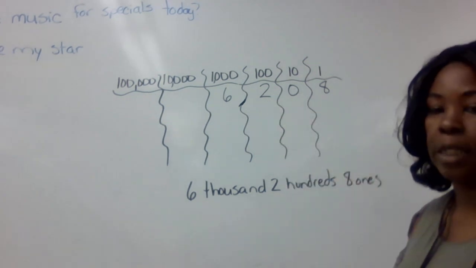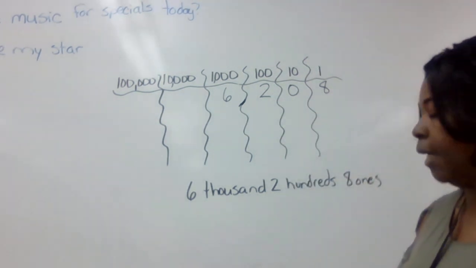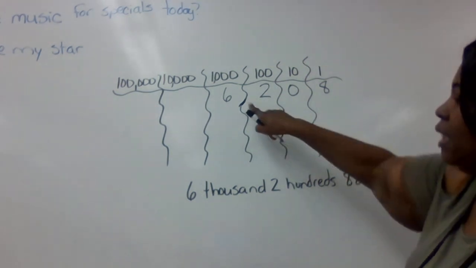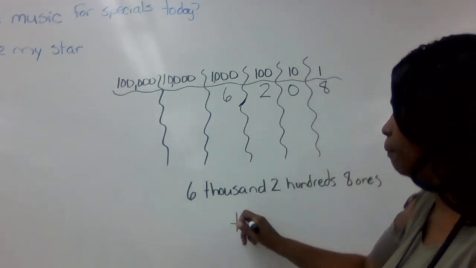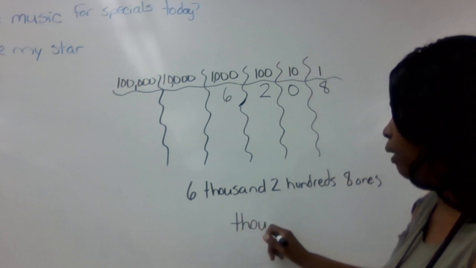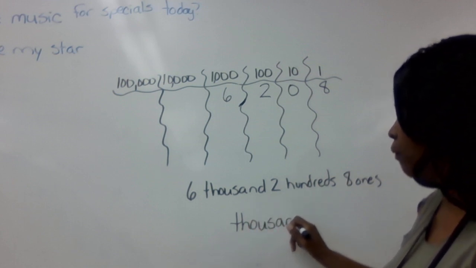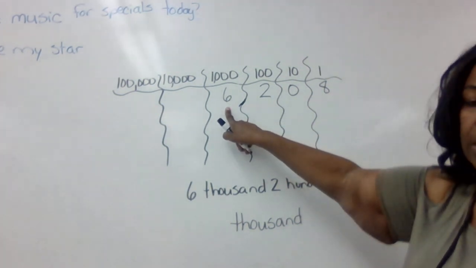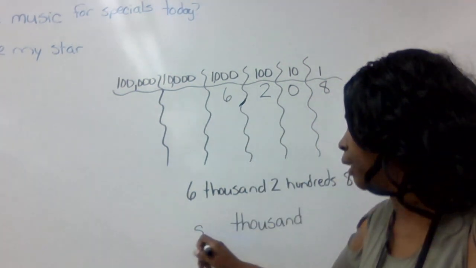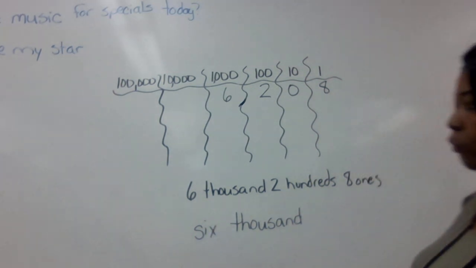Now we want to put it into word form. Okay? So this is thousand. So we're going to write the word thousand because when you get to the first comma, we know that says thousand. Well, what comes ahead or in front of the comma? It's a 6. So we're going to write the word 6. Okay?